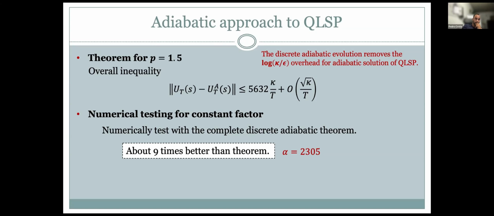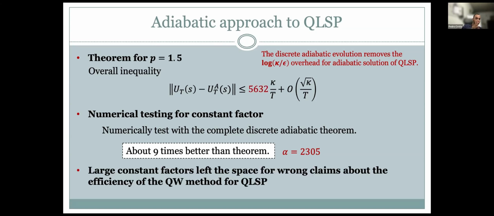This leaves open the question. The large constant factor leaves space for some wrong claims about the efficiency of this method, because asymptotically it is accurate, but these constant factors only give a rough estimate of how many steps you should apply for a matrix with specific condition numbers. But you never apply any matrix instance to the solver.